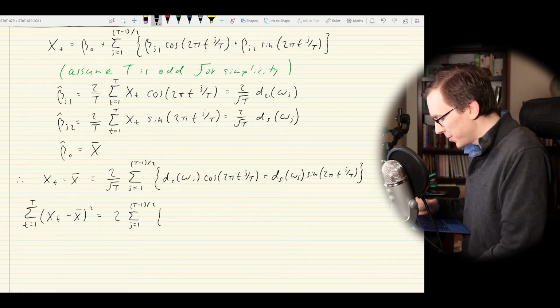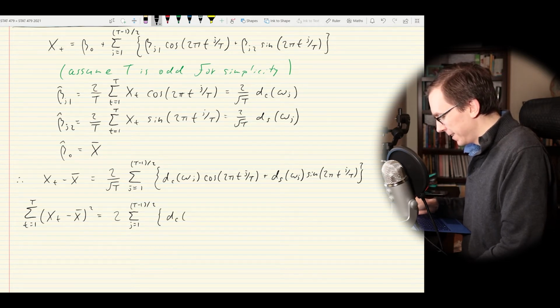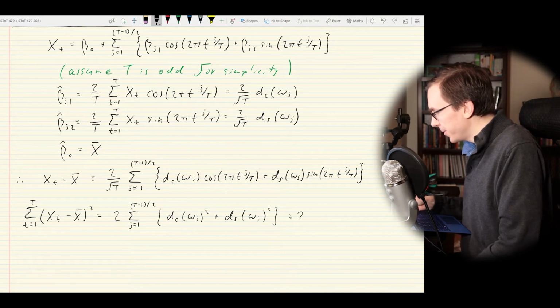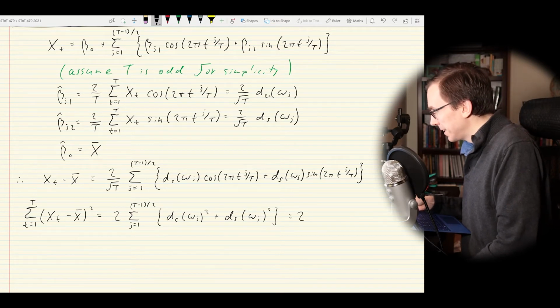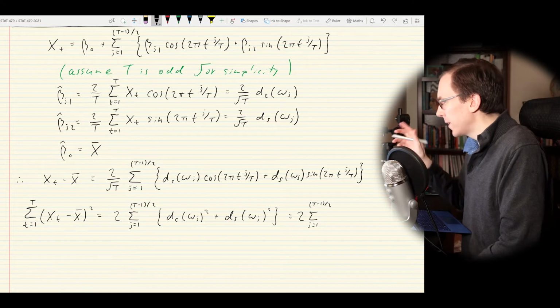So it turns out that most things disappear here, and we end up with omega j squared ds omega j squared, which can also be written as 2 times the sum j from 1 to T/2 minus 1 over 2 times the periodogram, which I think is written correctly.